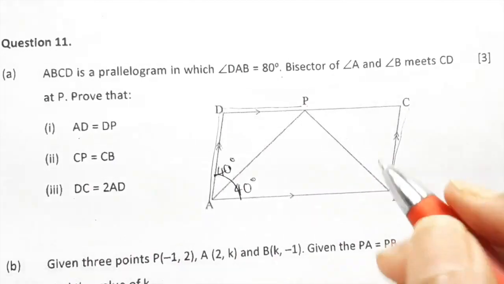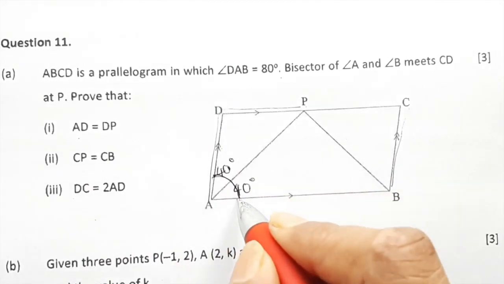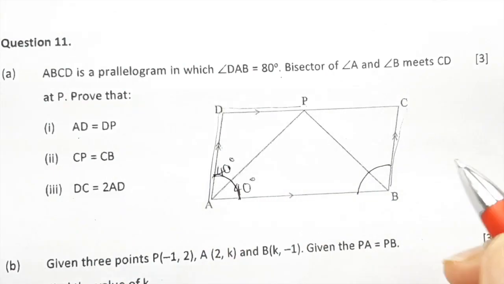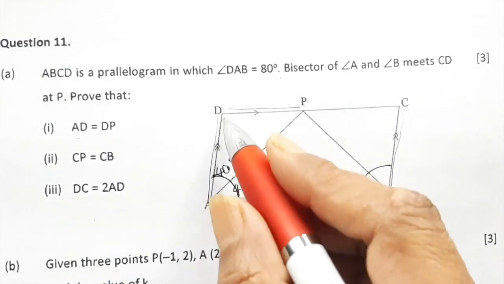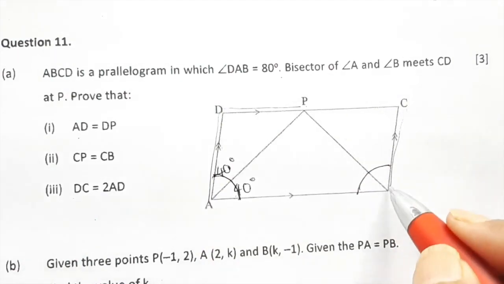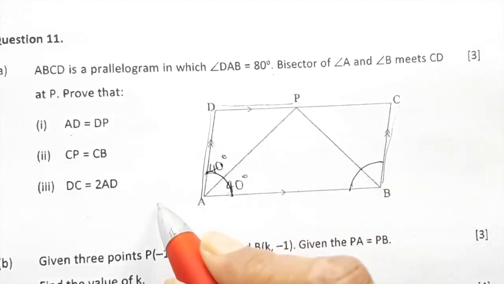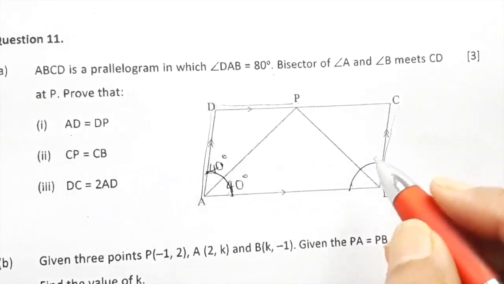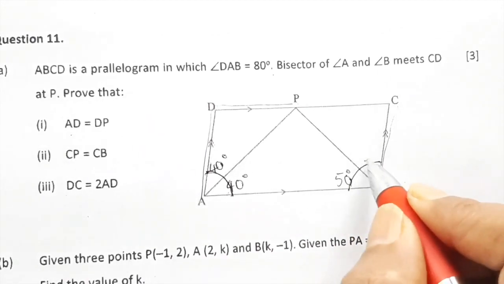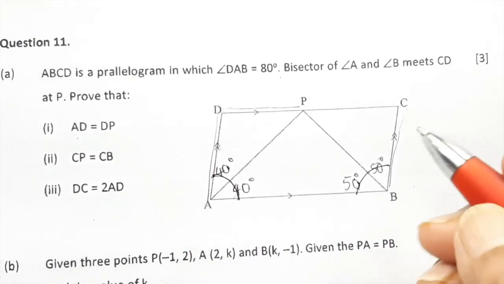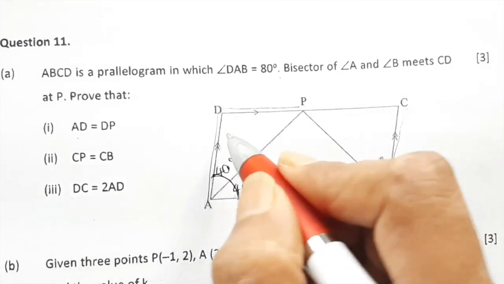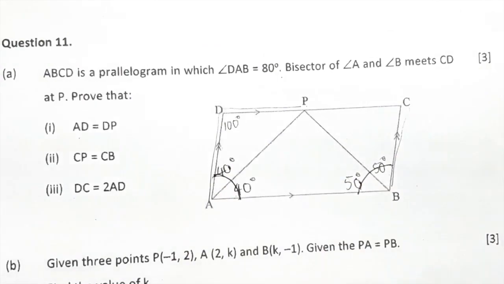Now our thinking step will be, if this is 80 degrees, this angle is going to be 100 degrees because angle A and angle B are co-interior angles, as AD and BC are parallel, and AB is the transversal. So this angle becomes 50 degrees and 50 degrees. Also, if this is 80, this will be 100 degrees, correct?